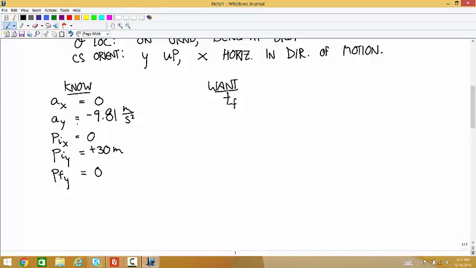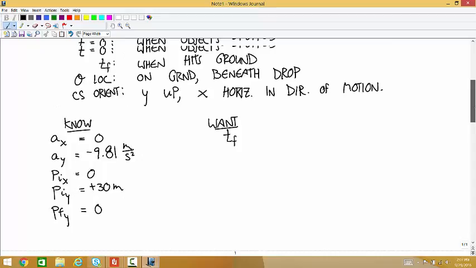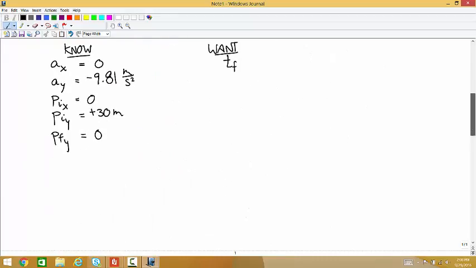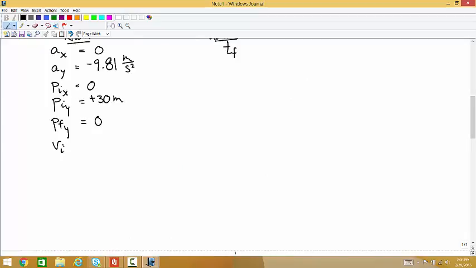Do we know anything about the initial velocity? Yeah, we can get that from this information. We know that it has a speed of 15 meters per second, and we know that it's at an angle 20 degrees below the horizontal. So VIX and VIY, we're going to get those from taking this vector, which we know has a length of 15 meters per second.